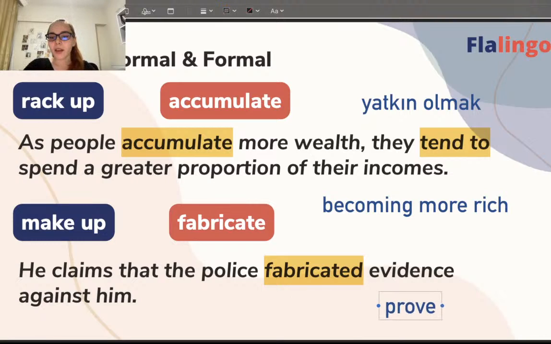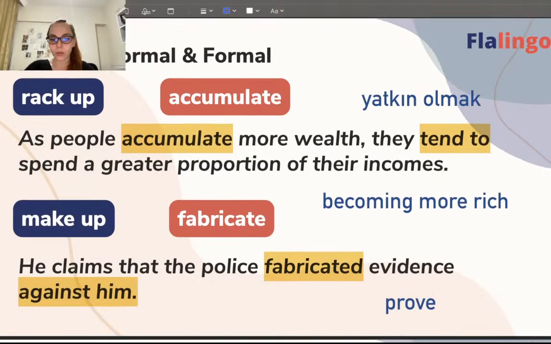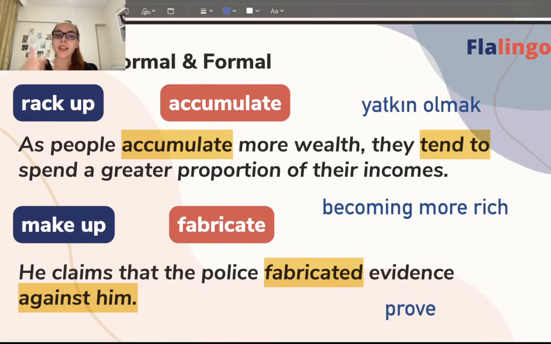So we can say claim, it means like iddia etmek in Turkish. He claims that the police fabricated evidence against him. These are great phrases that you can use. Fabricate, against, claim. And if you don't know the meanings, you can always use an online dictionary and see the example sentences as well. Okay, alright.